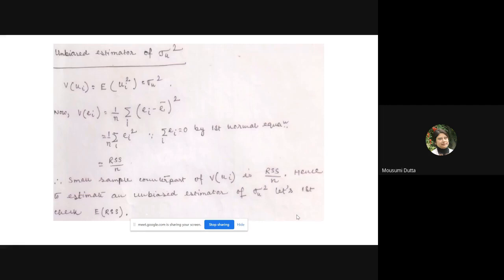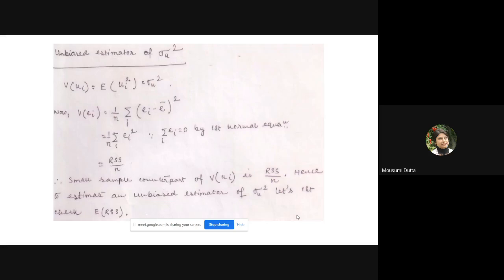However, ei is yi minus yi hat, the difference between the observed and estimated. Estimated is a fixed one, so it's not a random variable. So you can use the standard formula to calculate the variance of ei, 1 by n summation ei minus e bar whole square.